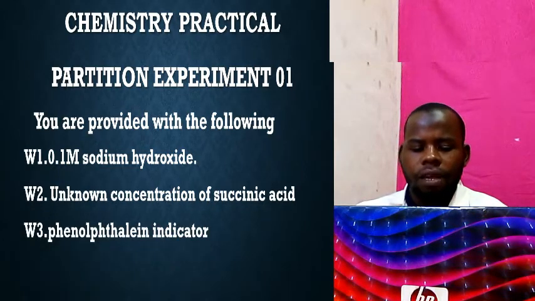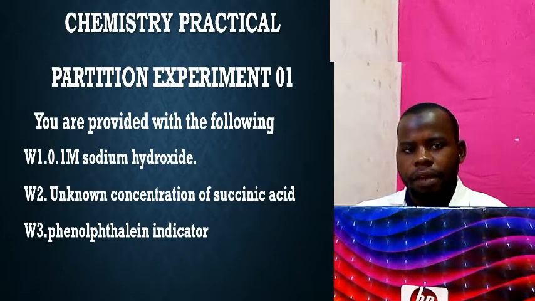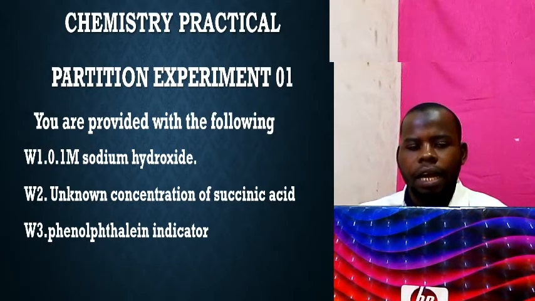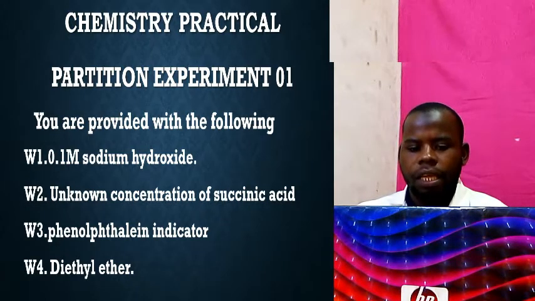Number 3 is the phenolphthalein indicator, POP, whose function is to identify the color change at the end of the reaction. And number 4 is diethyl ether, an organic solvent, which we are going to mix with the succinic acid to make a distribution.